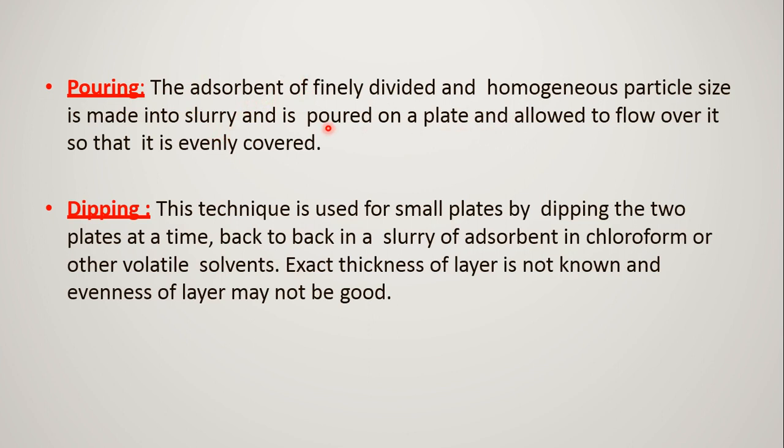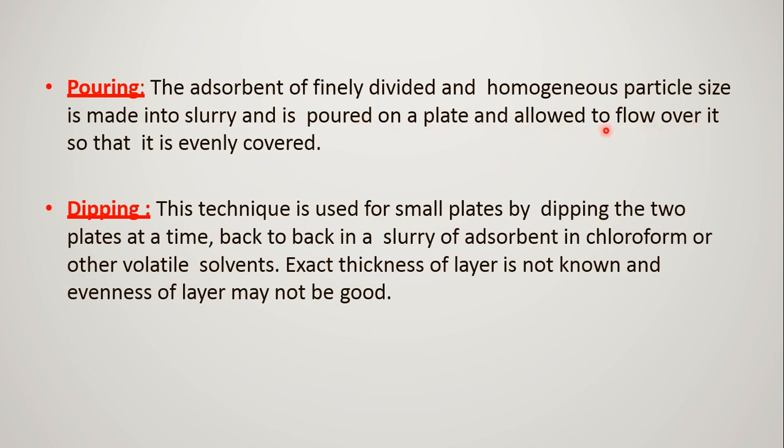So in this pouring technique we actually know the actual amount coated over the specific area of this glass plate or polymer plate, and after that it is allowed to flow over it.